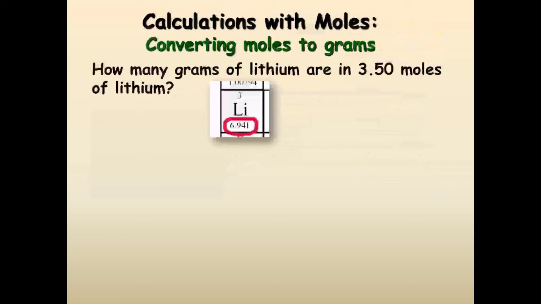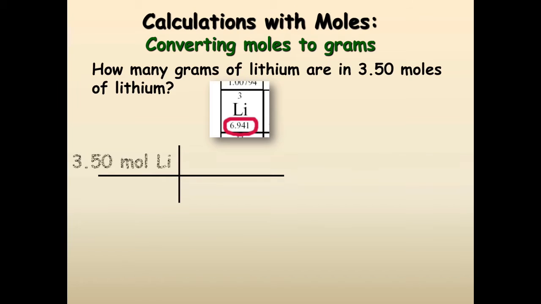The atomic mass is also the molar mass. We just have to change the unit to grams per mole, because that means that we have a mole of it. And so if we look at our conversion, how we want to do this, again, we're going to use our factor label method. So we'll start off making our grid.